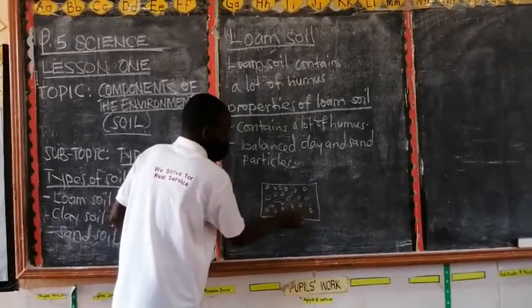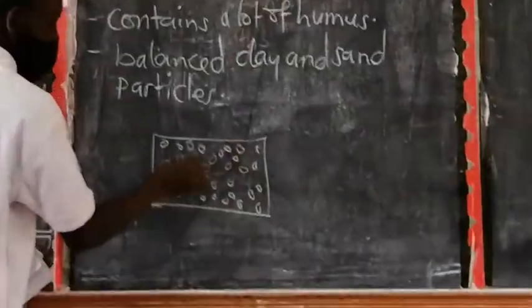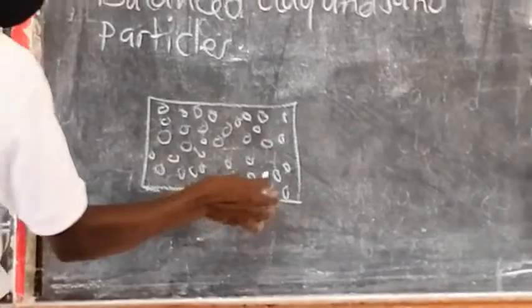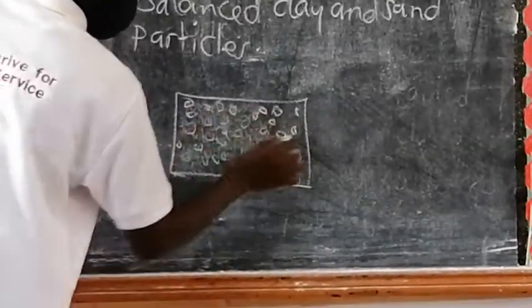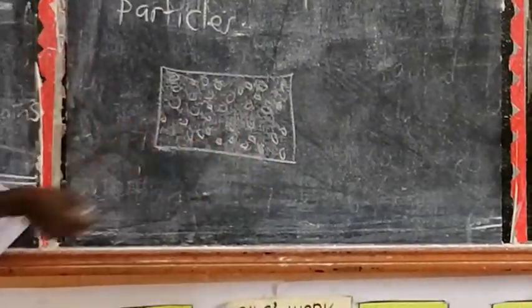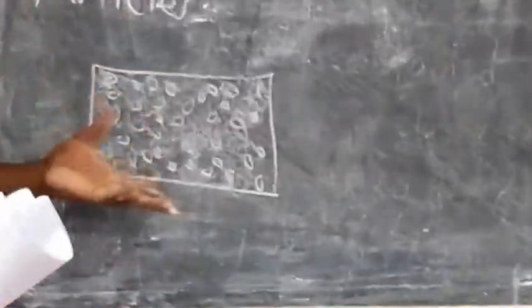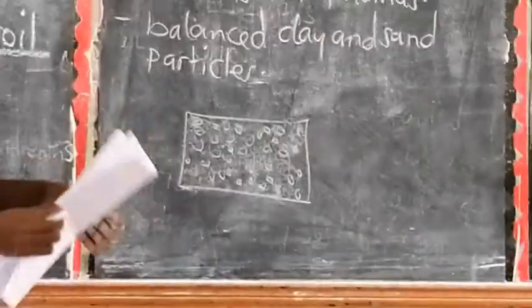So these particles of sand together with the particles of clay are well balanced. So when you touch it, it is neither sandy nor clay. So that's what we call loam soil.